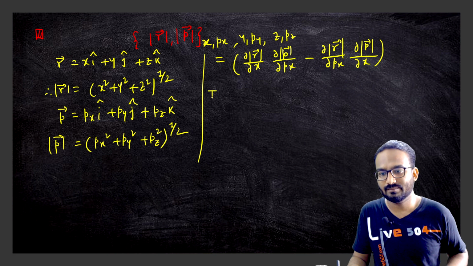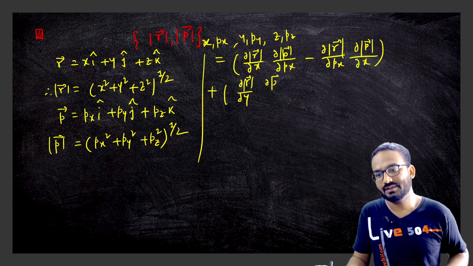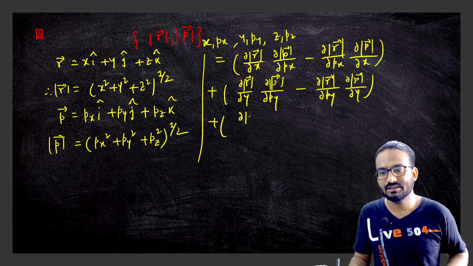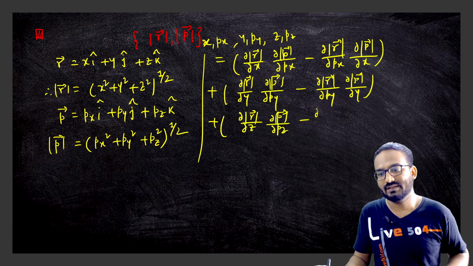This will be the first term, plus del r upon del y, del p upon del py, minus del r upon del py, del p upon del y. Another term will come related to z: del r upon del z, del p upon del pz, minus del r upon del pz, del p upon del z.